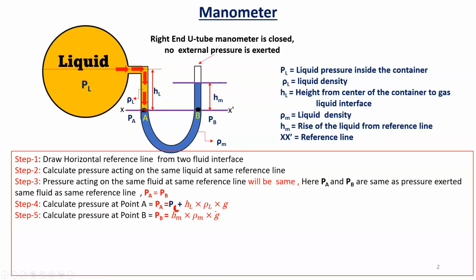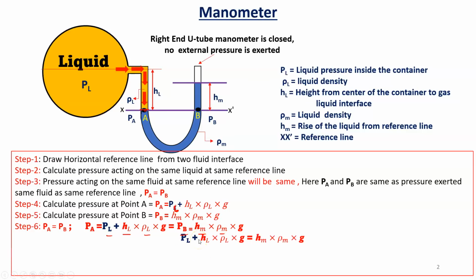So now we know that PA is equal to PB, so we can write PL plus HL into rho L into g is equal to Hm rho m into g. From here we can easily write PL is Hm rho m into g minus HL rho L into g.